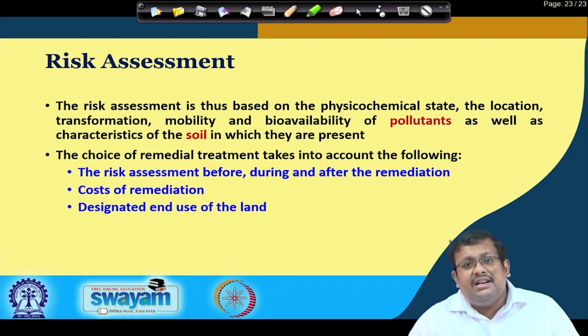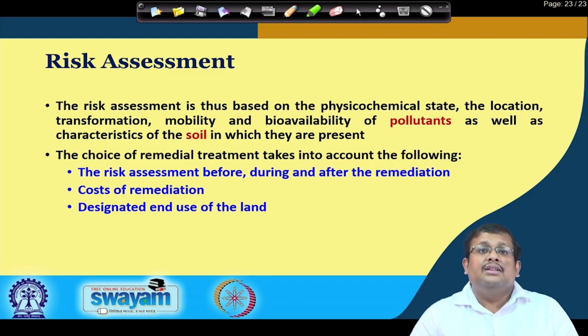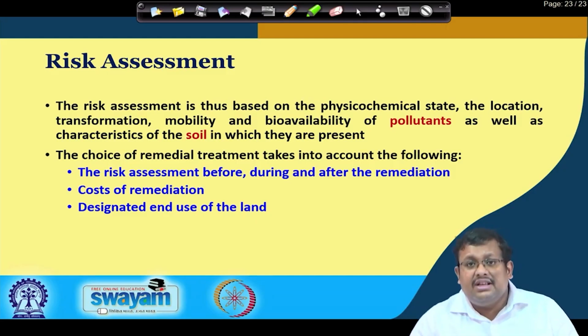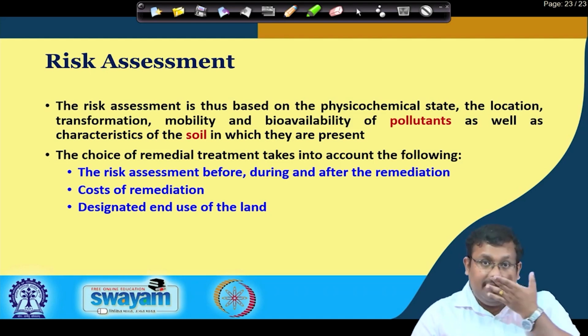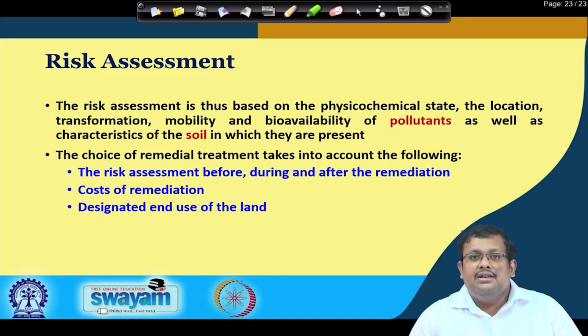So, when you design a remedial treatment, it is very important that you consider the risk assessment before, during and after the remediation. You have to consider the cost of remediation. If it is too high, you have to reconsider it, and the designated end use of the land.